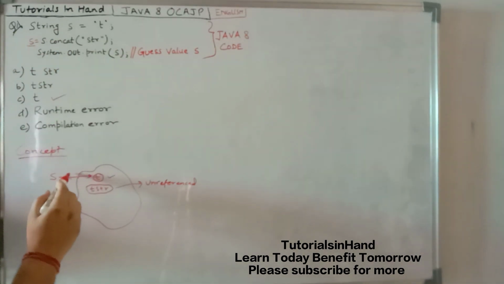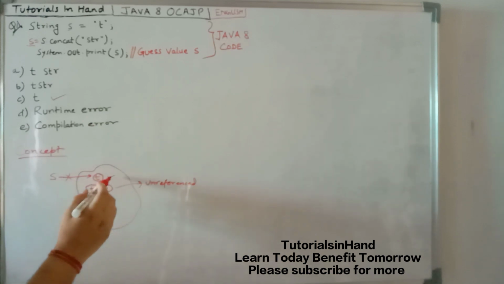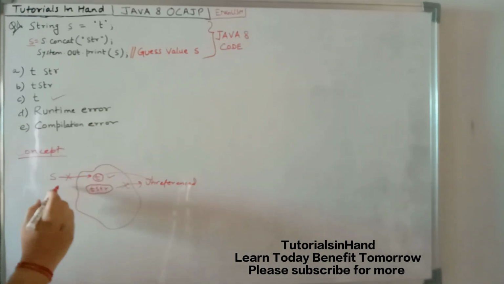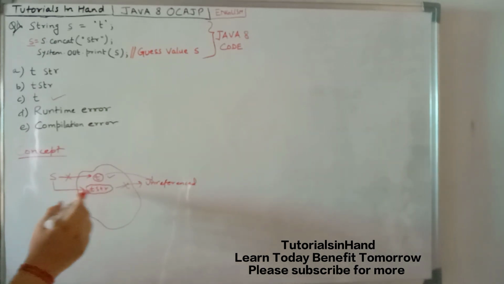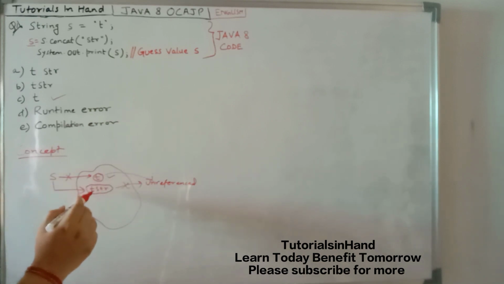That means this link will break and s will now not refer to "t". The "t" object becomes unreferenced, and "tstr" will be referred by s. So the new value of s becomes "tstr".